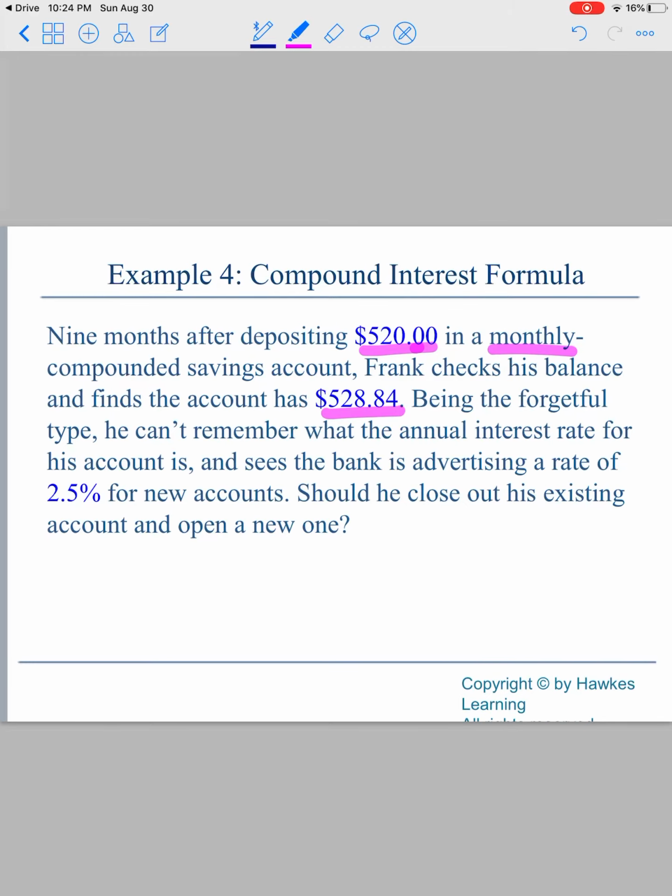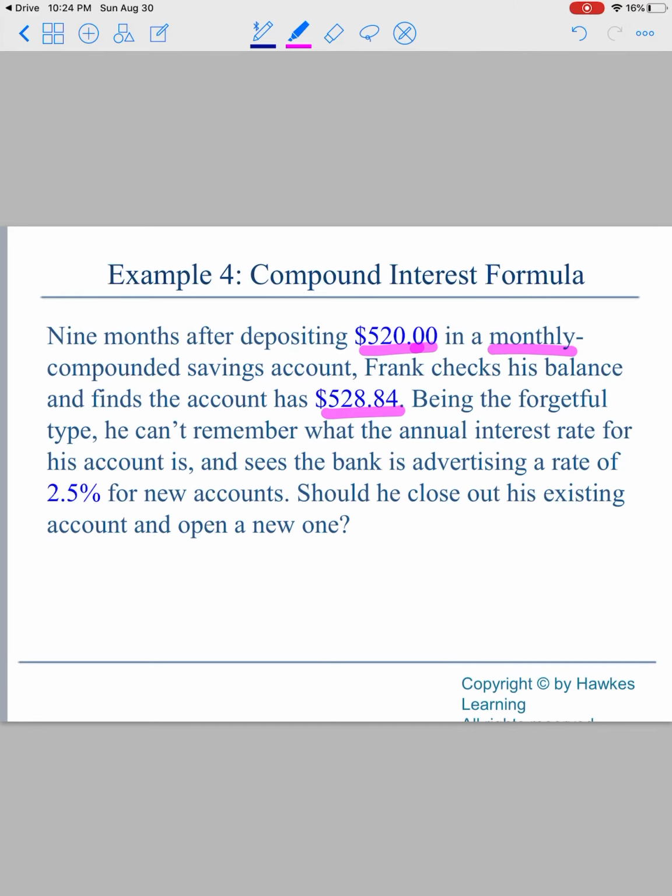That's how much is in his account after a certain amount of time. Being the forgetful type, he can't remember what the annual interest rate was for his account, and he sees the bank is advertising a rate of 2.5% for new accounts. Should he close out his existing account and open a new one?